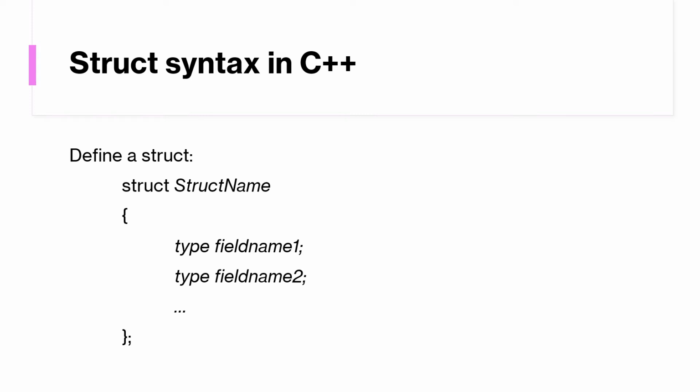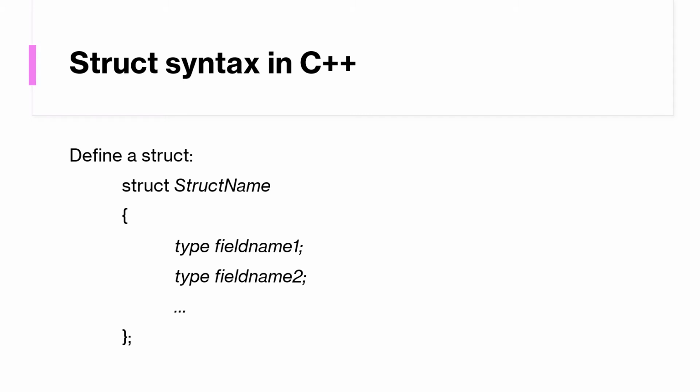We don't put the underscores in struct names. We use the capital letter for every new word way of doing things. Then you have an open curly, and then you have your list of field names, each one on its own line ending with a semicolon.